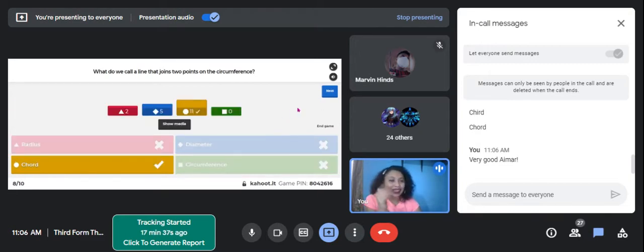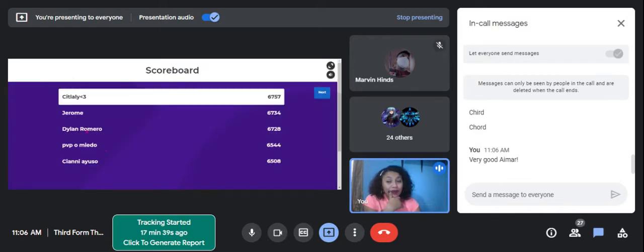It's supposed to be what we call the chord.